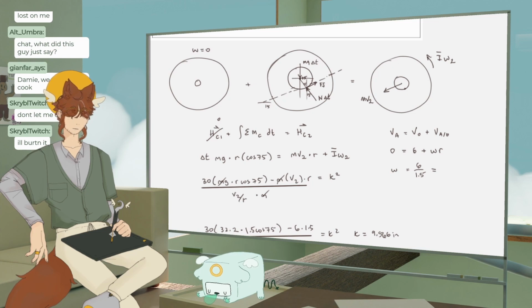6 inches per maybe a second. I don't think so, because that would be the velocity. Huh. I don't know, it's pretty off though. Oh well, I guess I can't check it. Well, let me see. I'm stuck. Sorry.